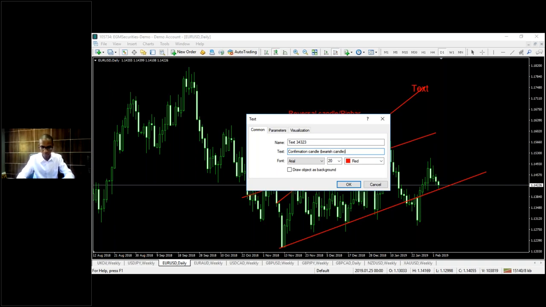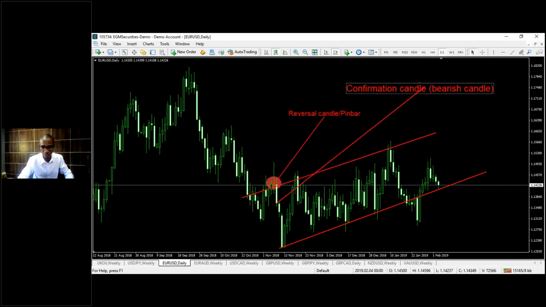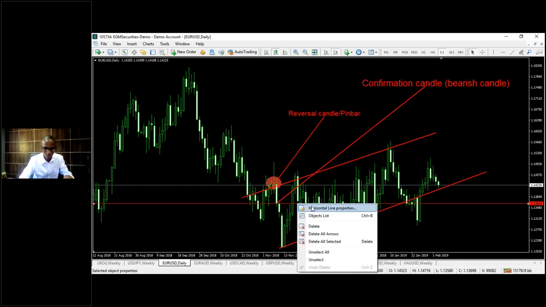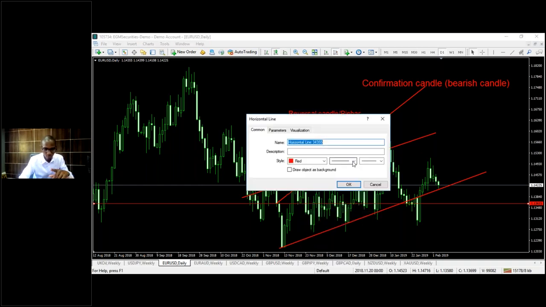And therefore, this is our confirmation candlestick that happened after the reversal pin bar candlestick formed. And therefore, having said that, it makes total sense to have the close of our candlestick be our entry point into this trade.